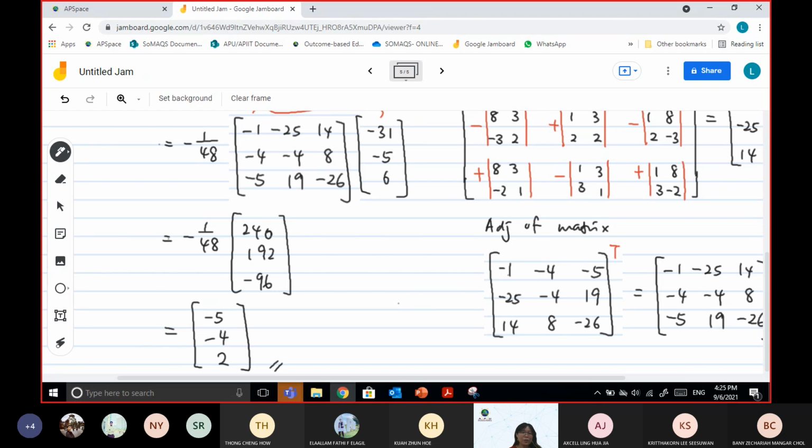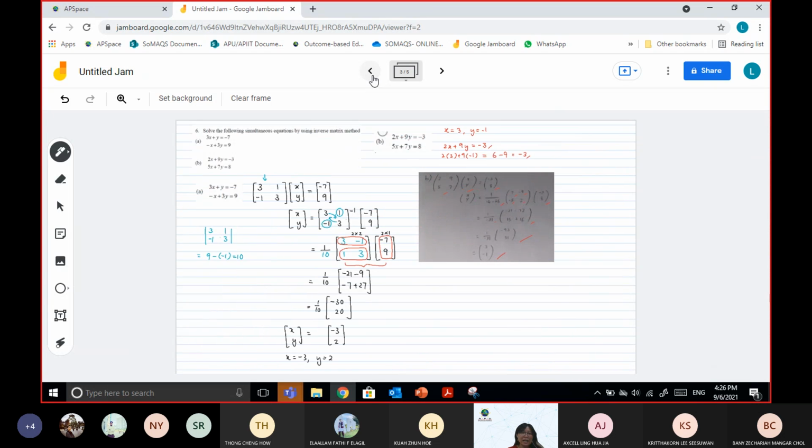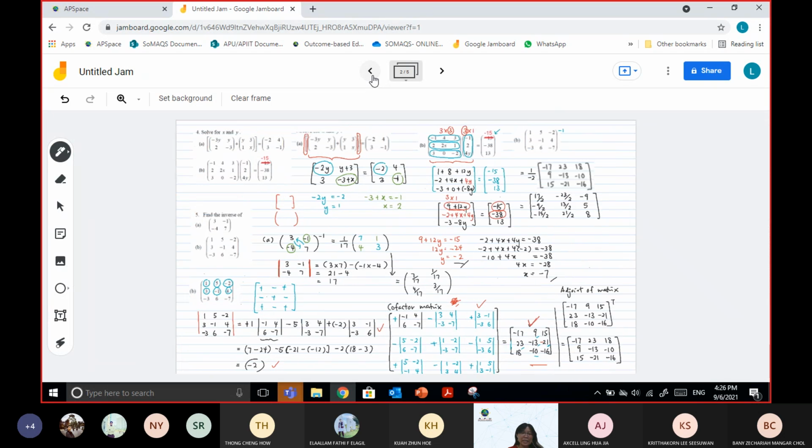I just want to make sure you really understand before we move on to the next. I've already done all the questions regarding the inverse of the matrix. Now let's have a look at what we have gone through today. As compared with others, the most complicated calculation is the 3 by 3 matrix.